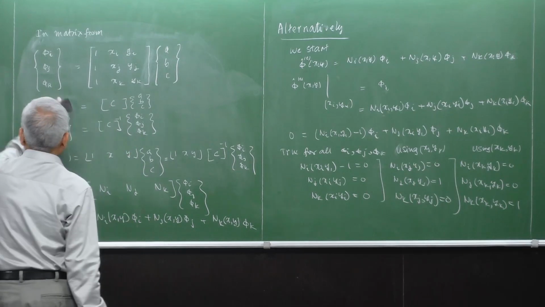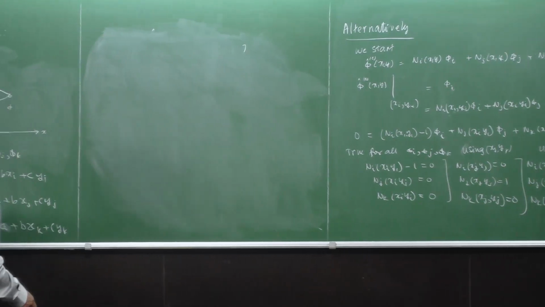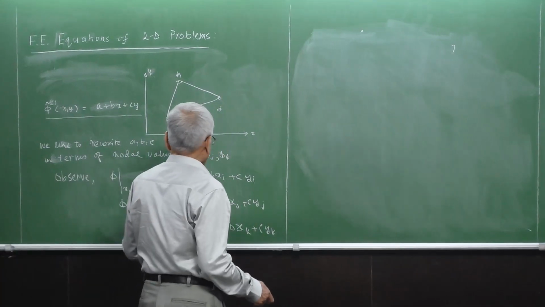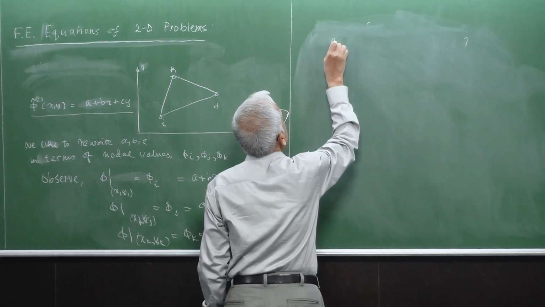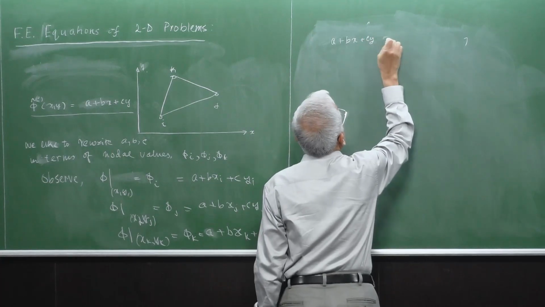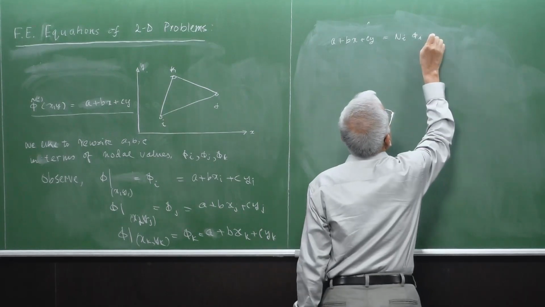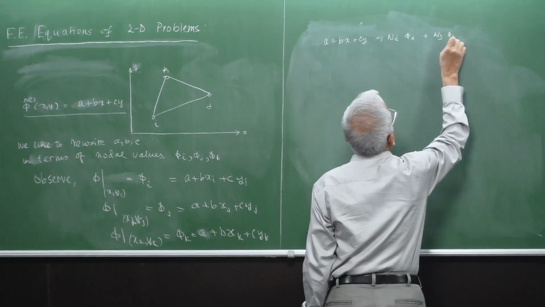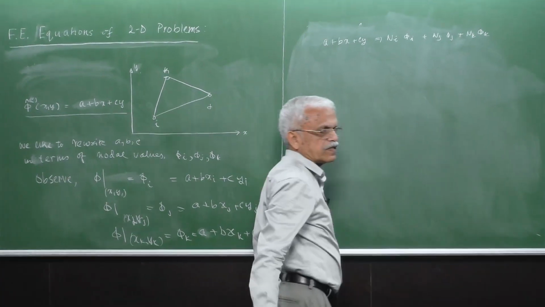So if that is the case, going back to what we have seen here, we can say that a plus bx plus cy can be written as ni phi i plus nj phi j plus nk phi k, if this is written in this manner.